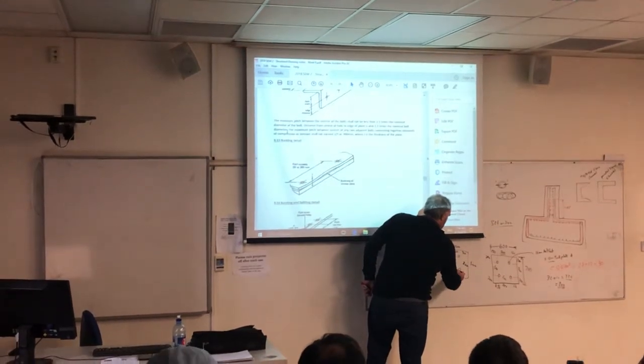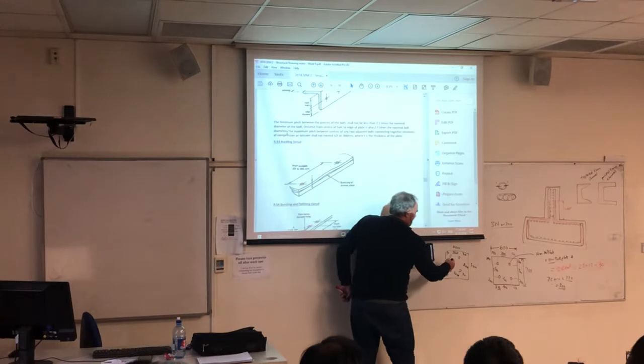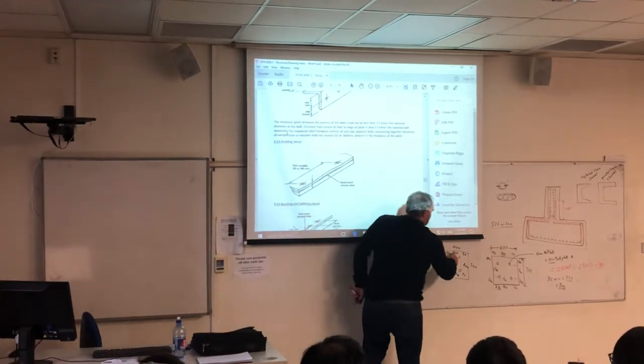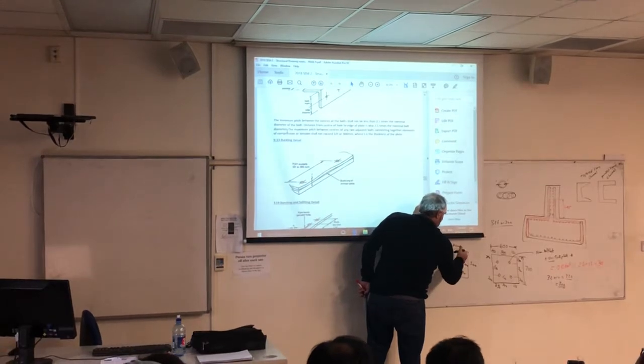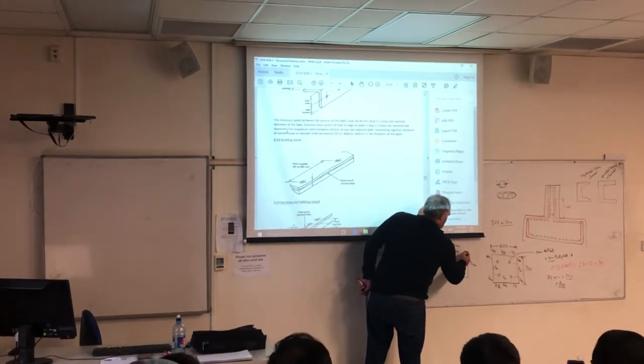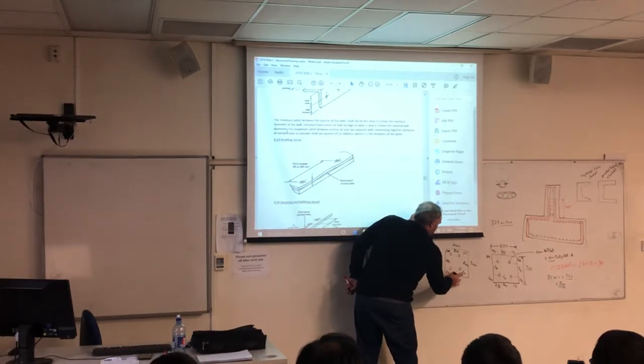The 240 stays the same, that's fine, it doesn't move. The only one that moves is the 340, that goes to 300, and so therefore we've got 50 on each side. I think you guys are starting to get the hang of it now. 50, 300, 50.